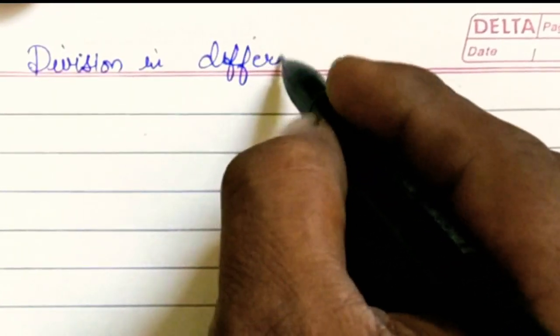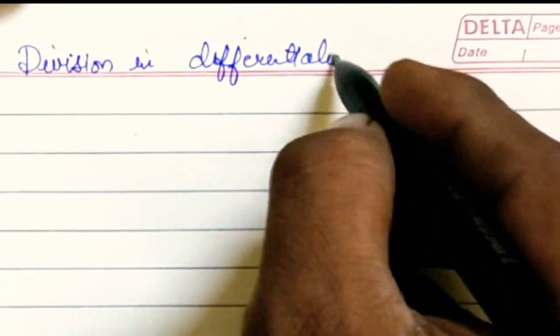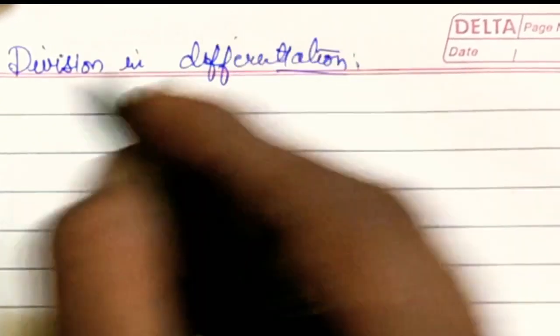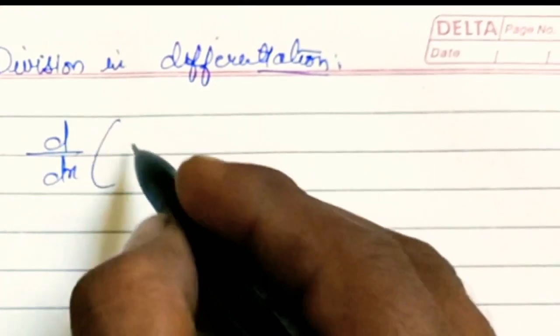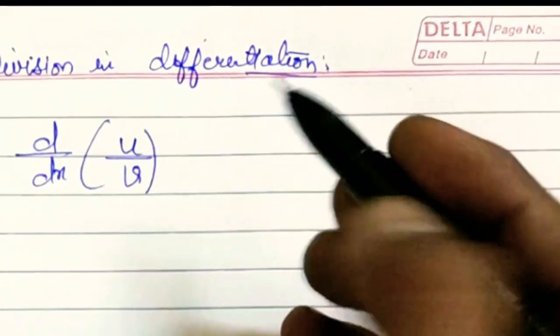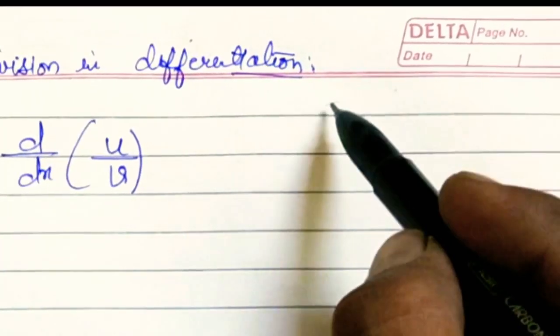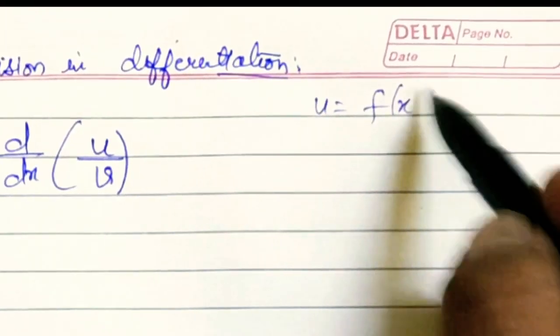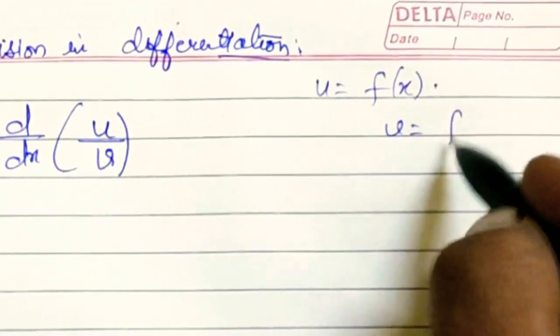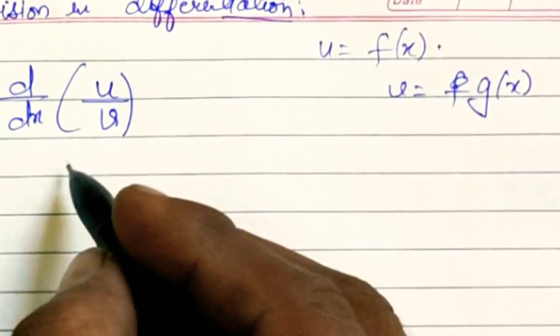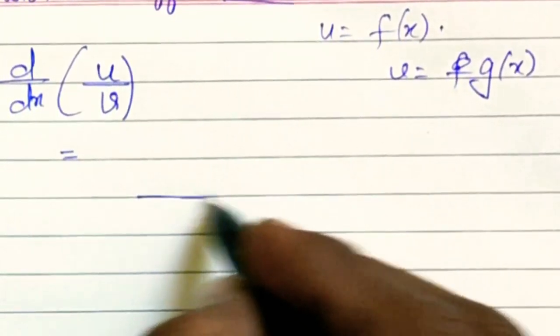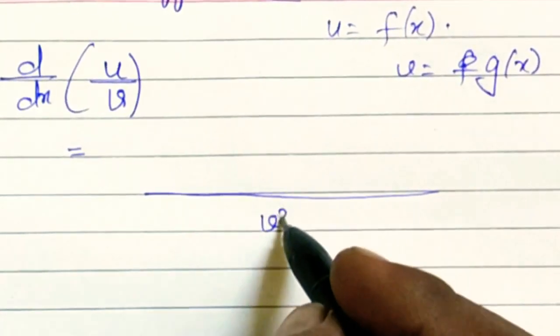Now how to use division and differentiation? The basic formula says that if two functions are in division, I am representing the functions by u and v. u is a function and v is also a function. Let's call them f(x) and g(x). Now the formula says square the denominator first.